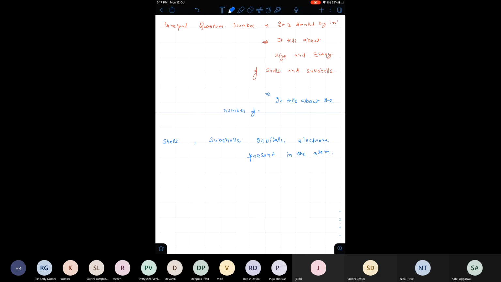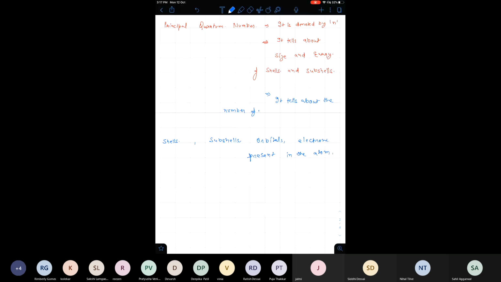So basically, in an atom, electron is present in some shell. In that shell, it is present in some subshell. In that subshell, it is present in some orbital. And we are looking for that orbital because electron is present inside that only.